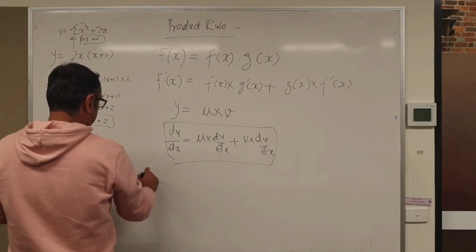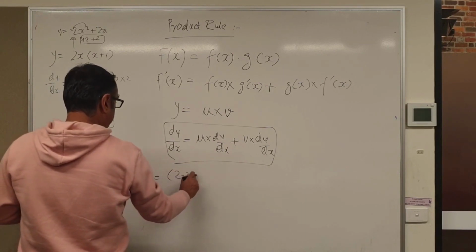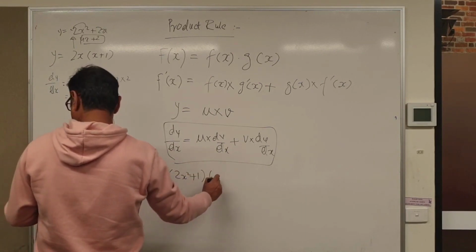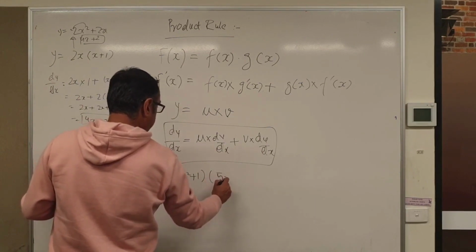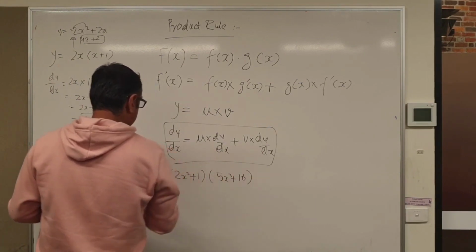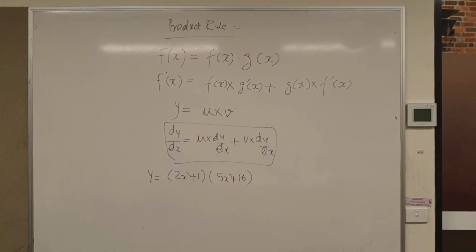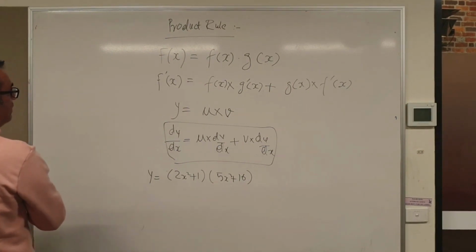Now use all of that to differentiate. Let's say you've got y equals (2x squared plus 1) times (5x cubed plus 16). Can you find the dy by dx of this function? So you've got 2x squared plus 1, let me just write that as is.